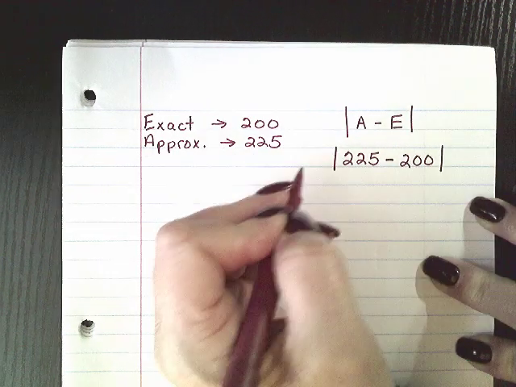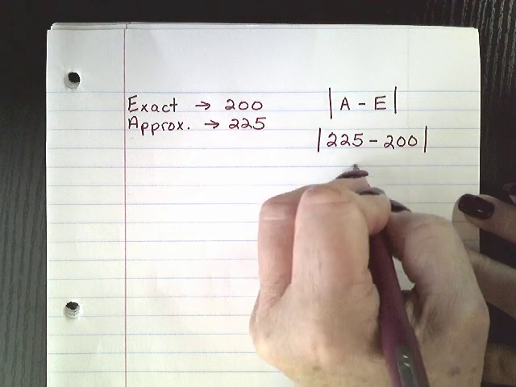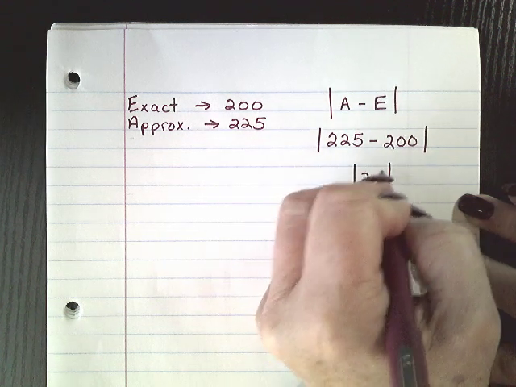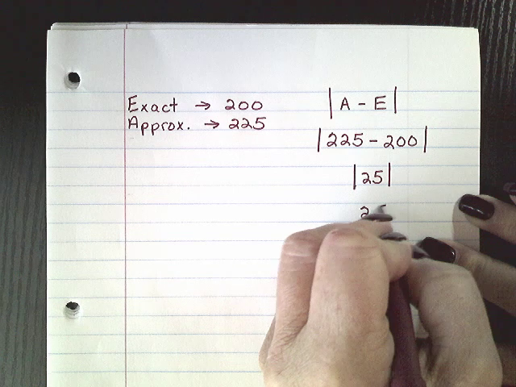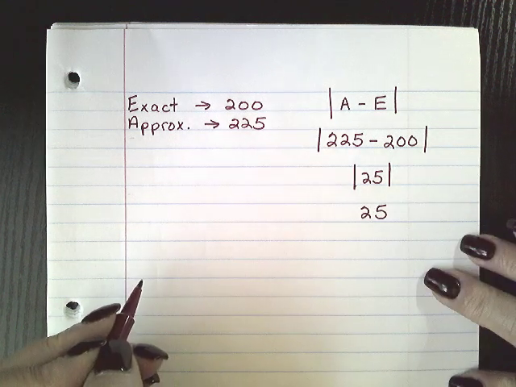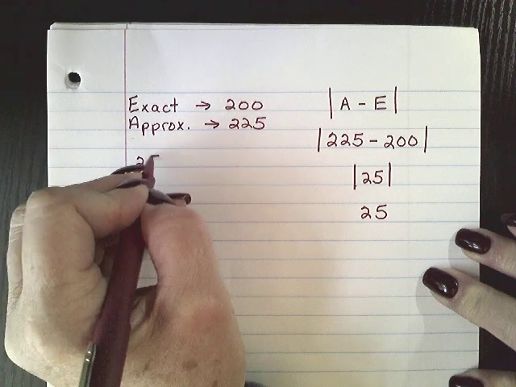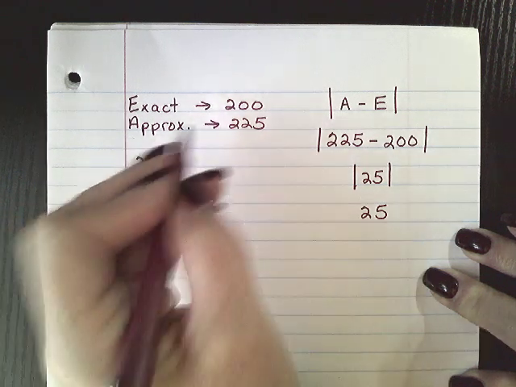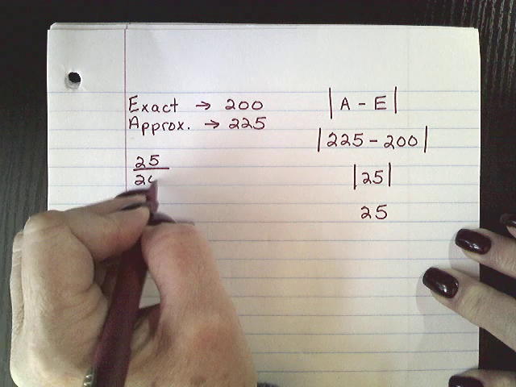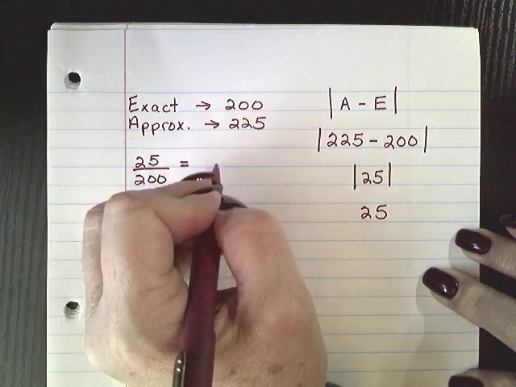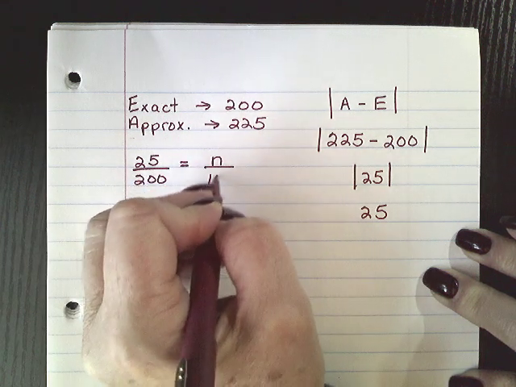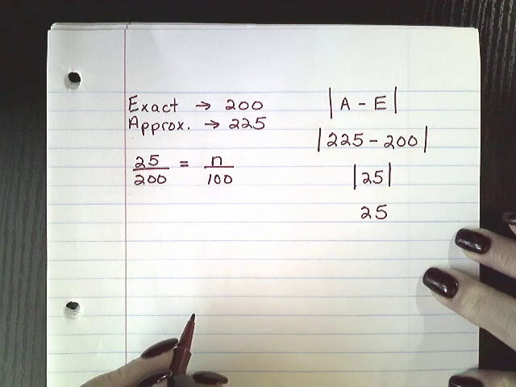Remember, absolute value. I'm going to take the absolute value of 25, which is equal to 25. So now I'm going to put 25 over my exact, which was 200, which is equal to n over 100.